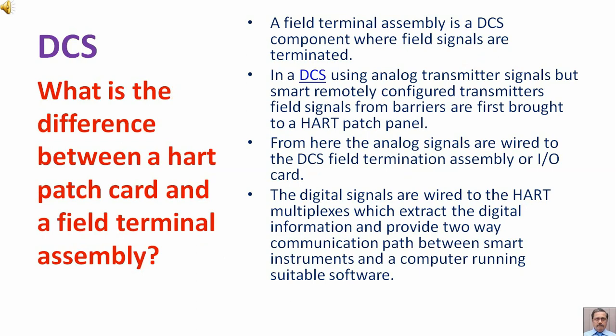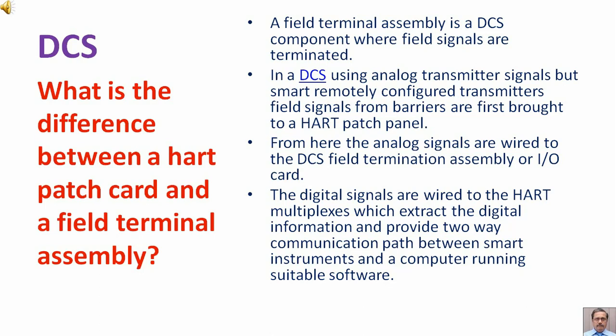Question: What is the difference between a hard patch card and a field terminal assembly? Answer: A field terminal assembly is a DCS component where field signals are terminated. In a DCS using analog transmitter signals but smart remotely configured transmitters, field signals from barriers are first brought to a hard patch panel.